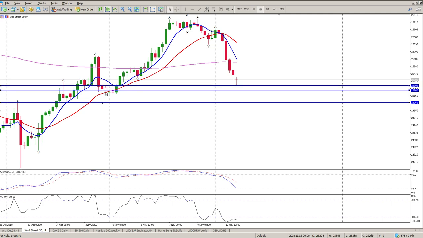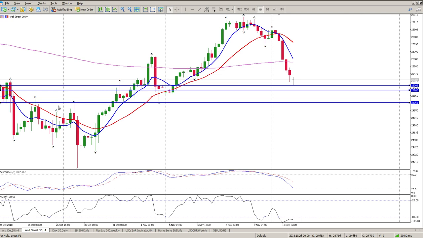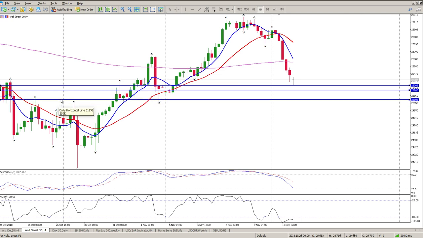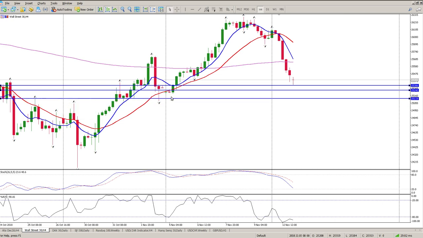That is a swing high on the 4 hour, but I think this bottom one here is more valid. And then let's just be conservative and move that up there. So that is the zone we've got. So you've got between 25,119 and 25,306.